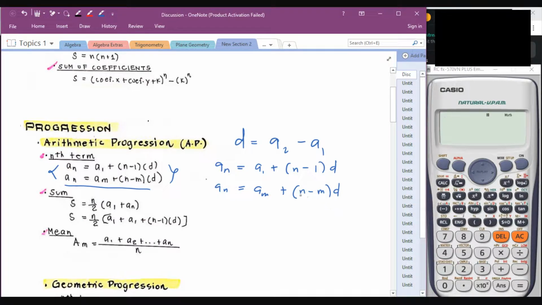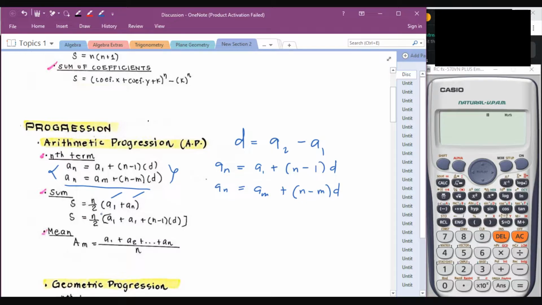Now, commonly we also look for the sum of all the consecutive terms in an arithmetic progression. It is given by this formula: if the first term and the last term an are given, you get the sum of the two and multiply it by n divided by 2.